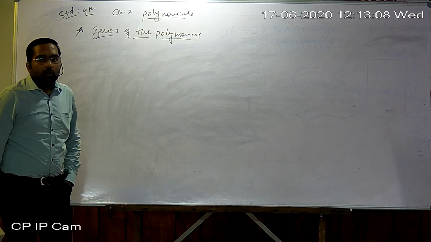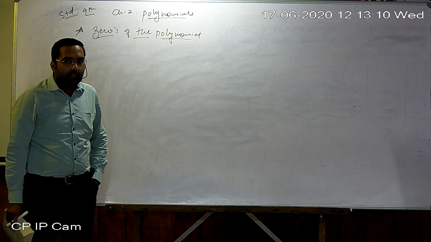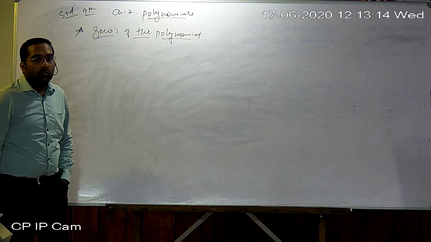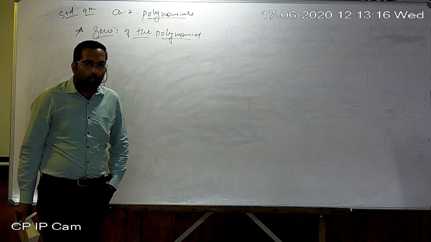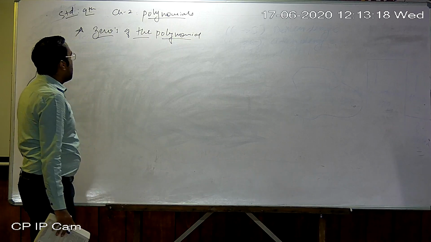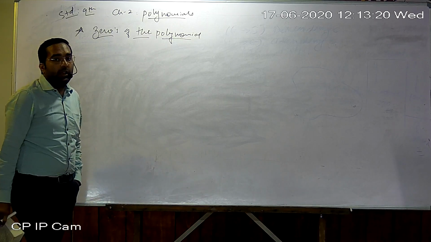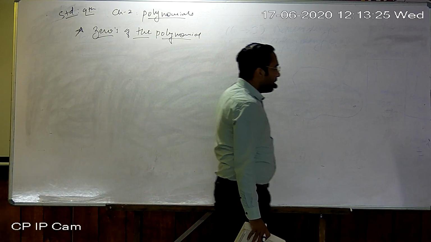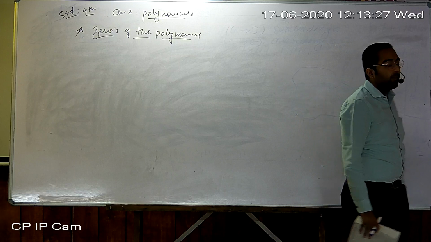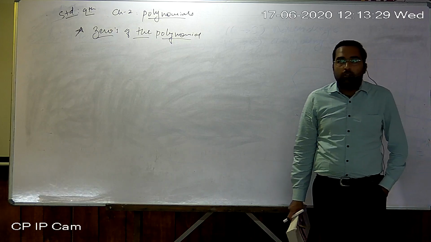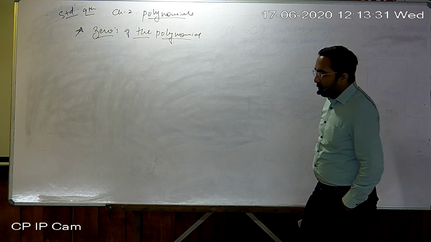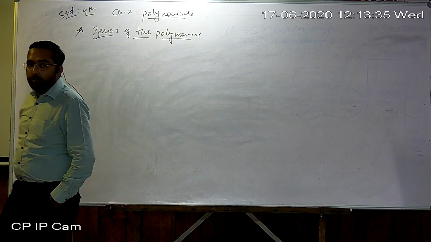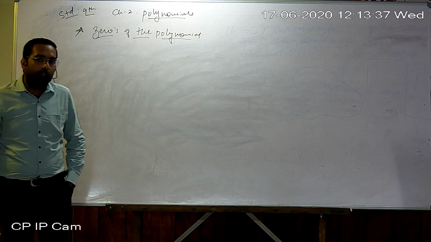In the last lecture, we worked on cubic polynomials, checked whether the zeros are factors of the given polynomial, and saw how to find the remainder of the polynomial.